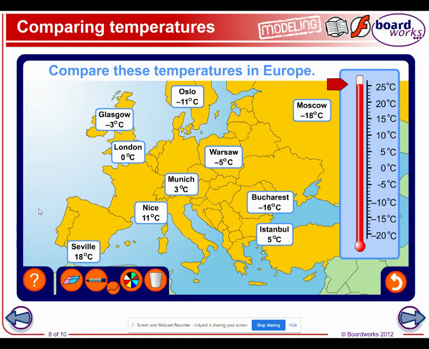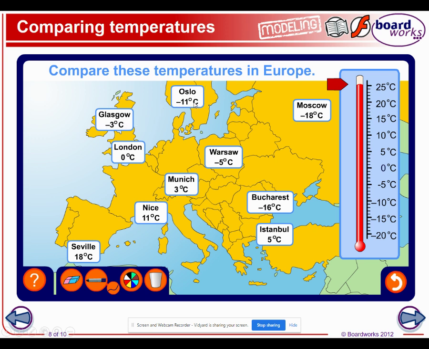All right. So compare these temperatures in Europe. In Glasgow, it's -3 degrees Celsius. In Oslo, -11 degrees Celsius. So between these two, which one would be colder?